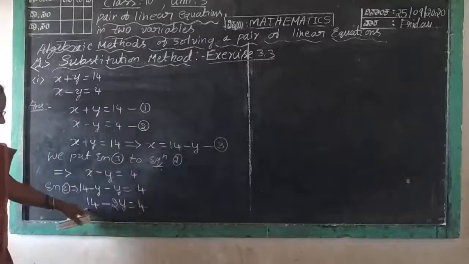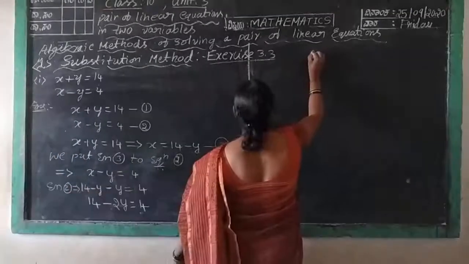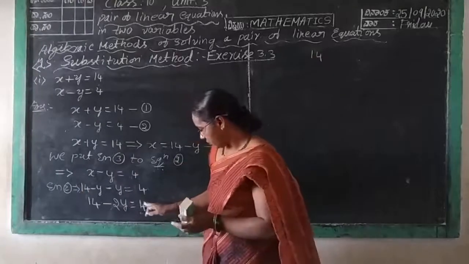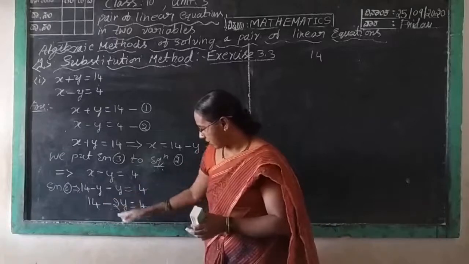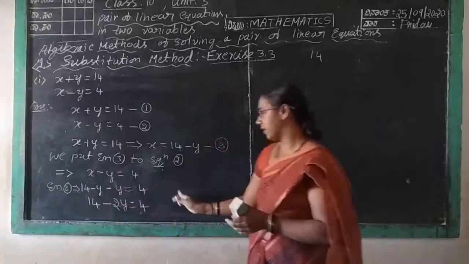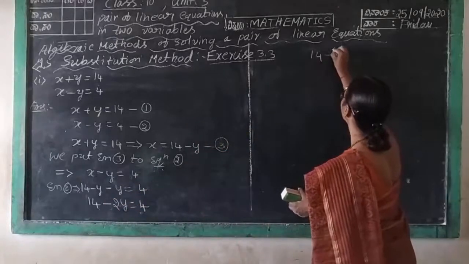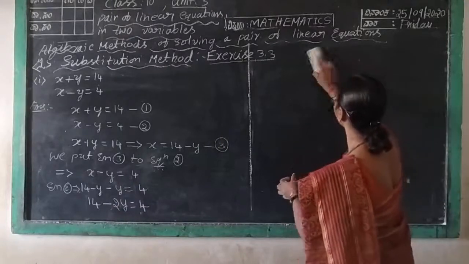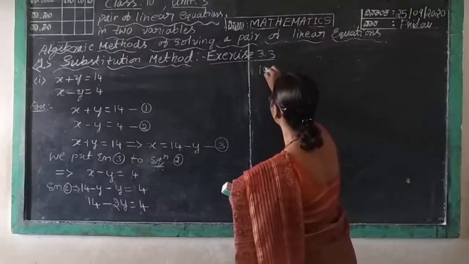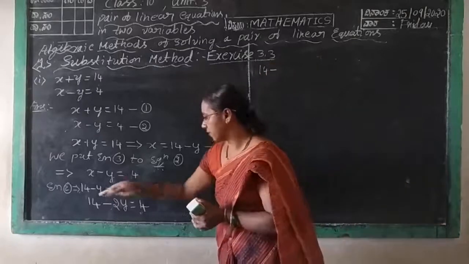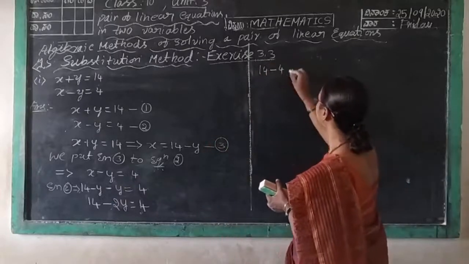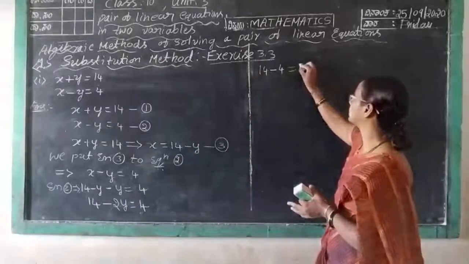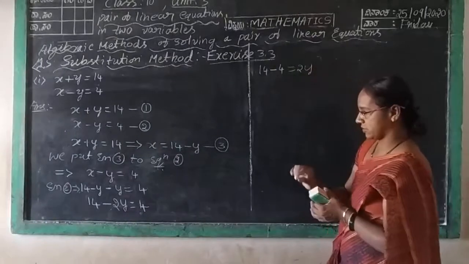Then we will find the y value. Change the 4 to the LHS and minus 2y to the RHS. We will get 14 minus 4, that is equal to... 14 plus 4 changes to minus 4 when we change the side. Then minus 2y changes to the RHS, it becomes plus 2y.